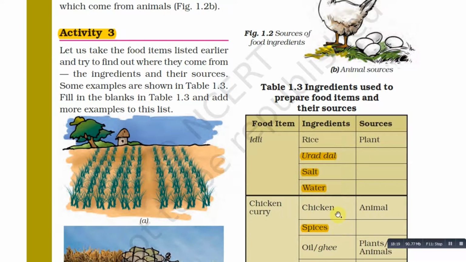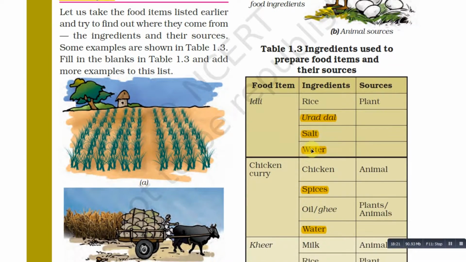Now moving forward in this table, chicken curry. What are the ingredients in chicken curry? First is chicken, spices, oil and ghee, and water. Chicken, of course, is an animal. Then spices: you have to think about where spices come from. Oil and ghee are coming from plants as well as animals.